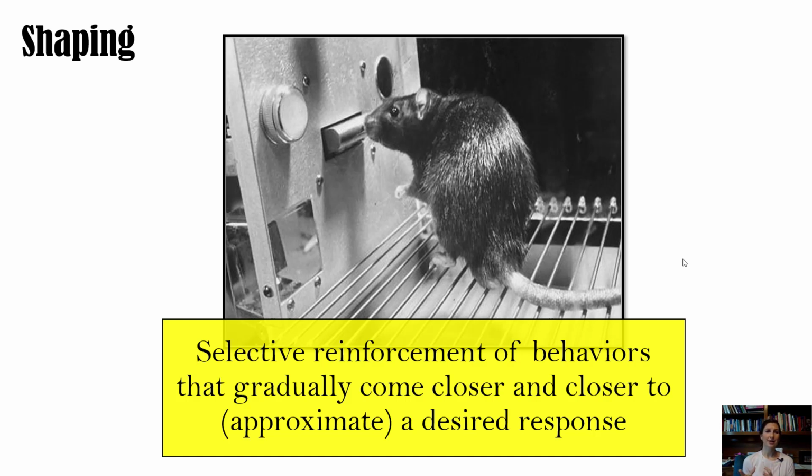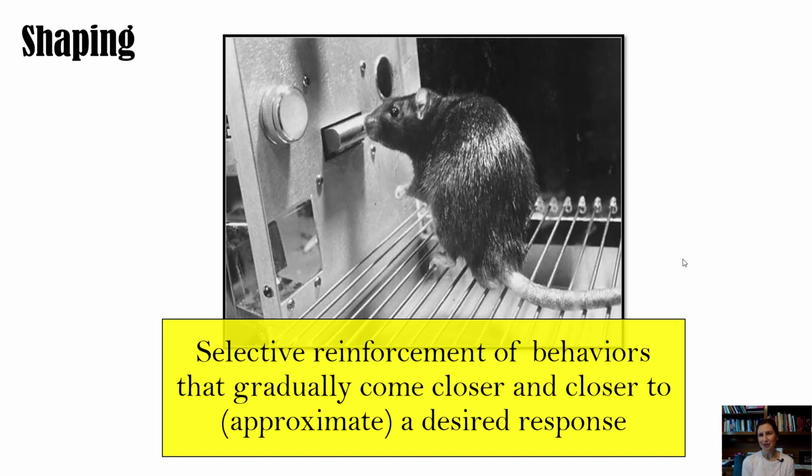So our main target is him pressing the lever. But when you use shaping, you're going to reinforce successive approximations to that target behavior. So you might reinforce him running close to the lever. And once he's running close to the lever, you might reinforce him rearing up. Rats just rear up in general. And once he's reliably doing that, so once he's going over to the side of the cage where the lever's at and rearing up, you might reinforce him putting his paws on the lever.